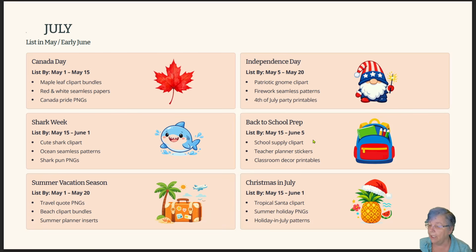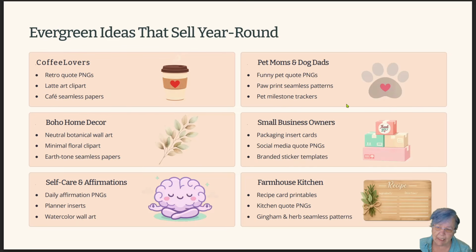All right. And then I thought I would throw in just some evergreen ideas for you this month. These are things that sell well all year long. You may not have thought about any of these, or maybe you did. So coffee lovers, that's an evergreen niche that always sells great. People who love coffee love their coffee, right?